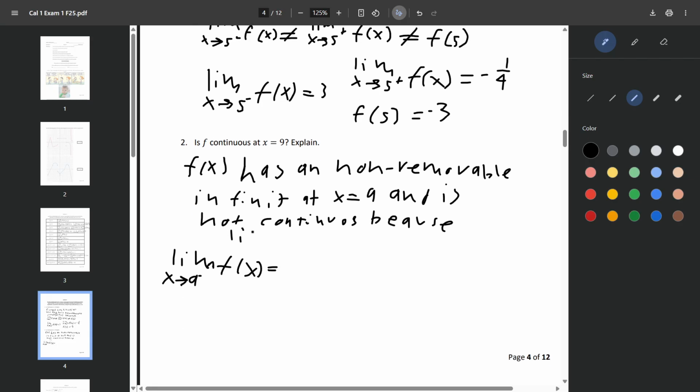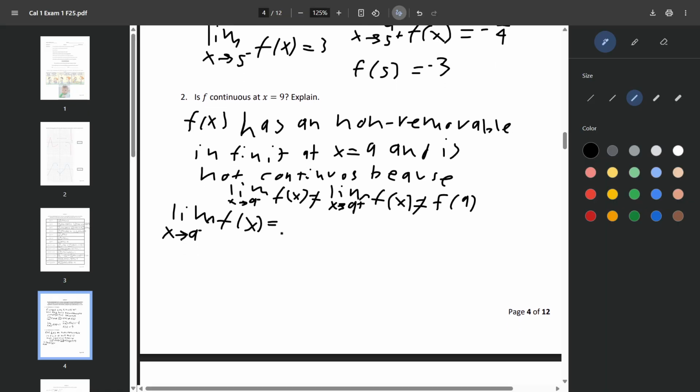We'll just do it above here. Limit x approaching 9 minus f of x equals negative infinity. And let's see.